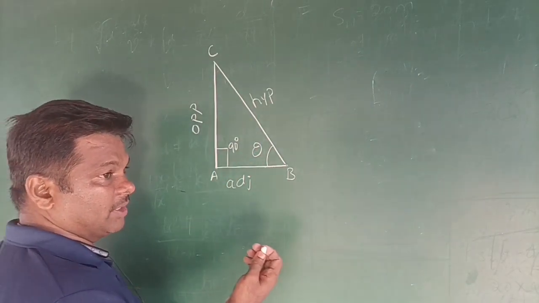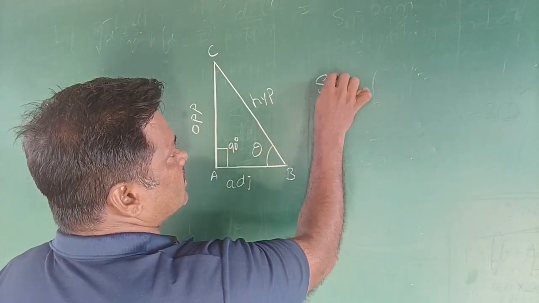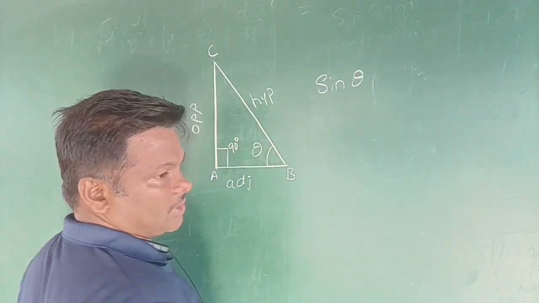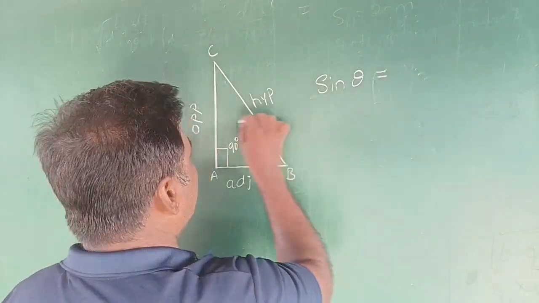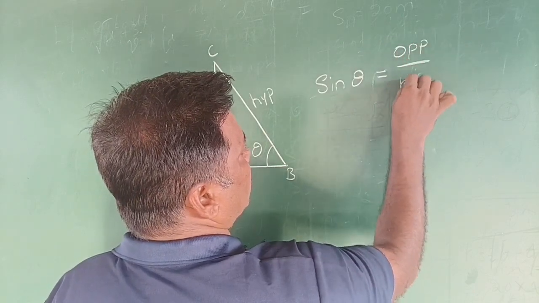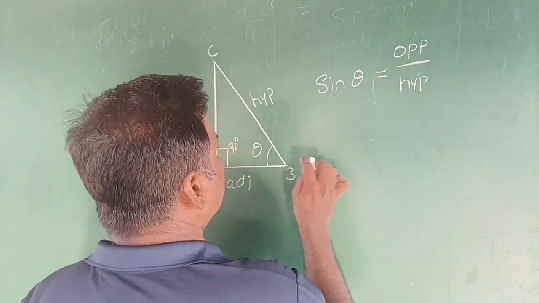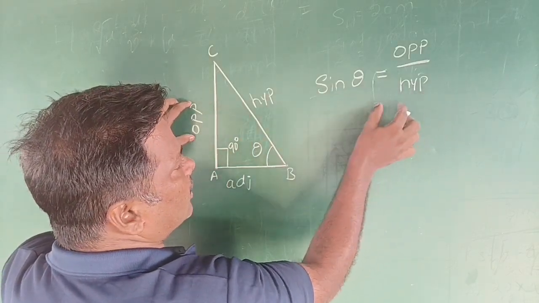Now, what is the relation between the opposite side and the hypotenuse? It is given by sine of theta: sine theta equals opposite side by hypotenuse. Suppose you want to calculate the opposite side, what will you do? Multiply the hypotenuse on the left-hand side.